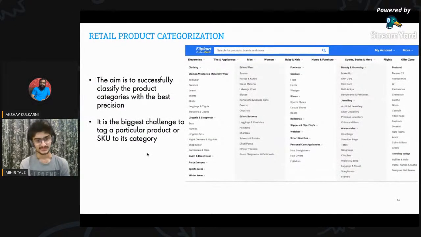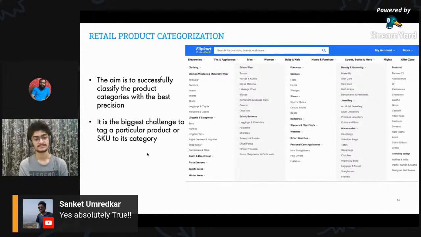Right? Now, one more such major problem: retail product categorization. I'm not sure how many of you are aware of how the e-commerce business works. All the products which are sold on Flipkart or Amazon are not their own products. There are sellers associated with them. Even you can sell your product on Flipkart if you have any.